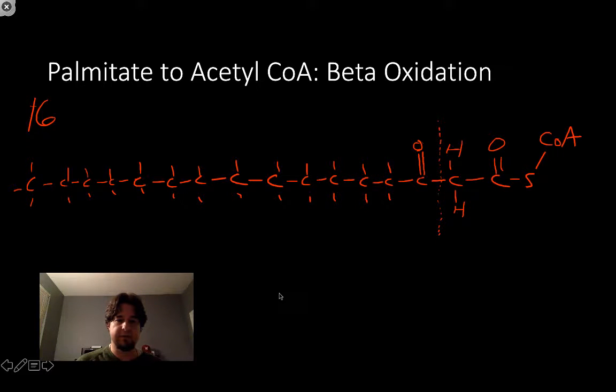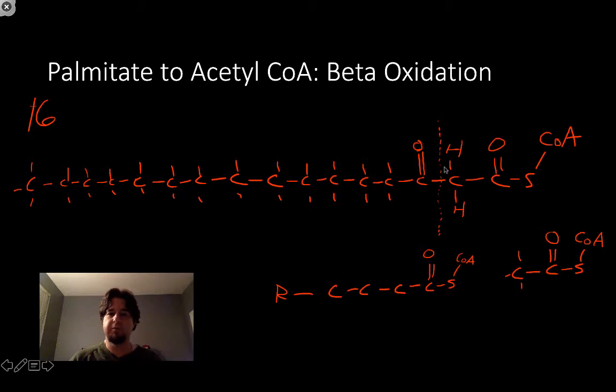Bear in mind, I'll just say we're R for right now for our organic chemistry needs, and picking up right about here. I'll see you in a second. So after our Bruce Lee cleavage action karate chops, we originally had a 16 carbon molecule. Now we're left behind with a 14 carbon molecule.